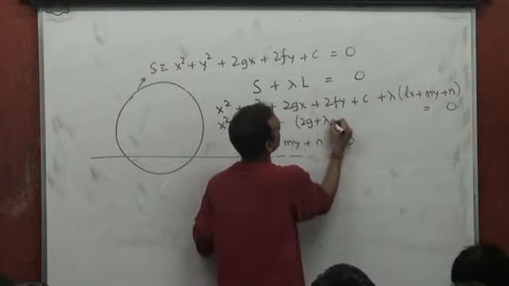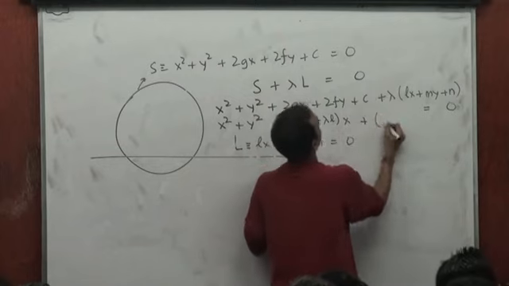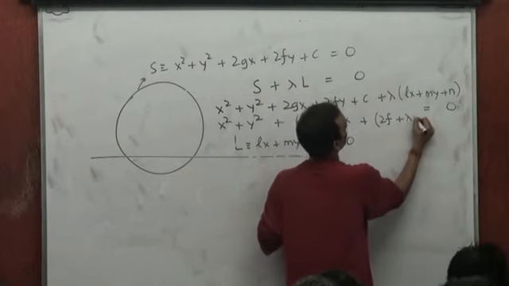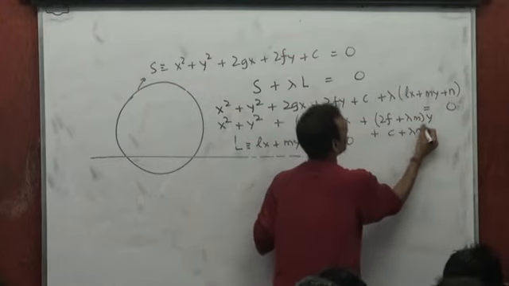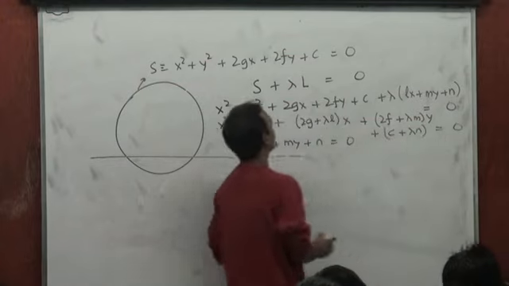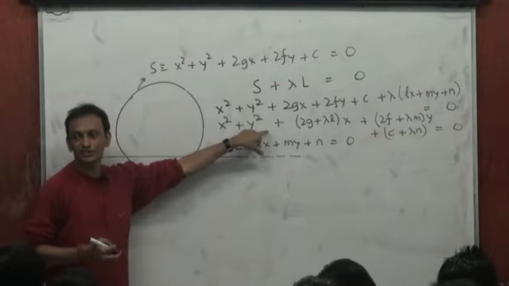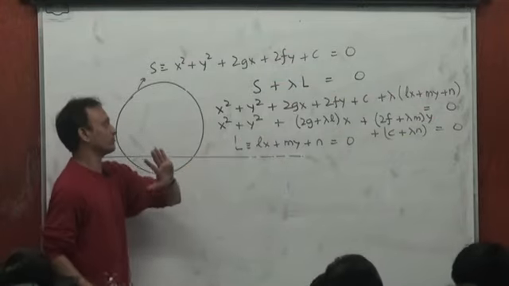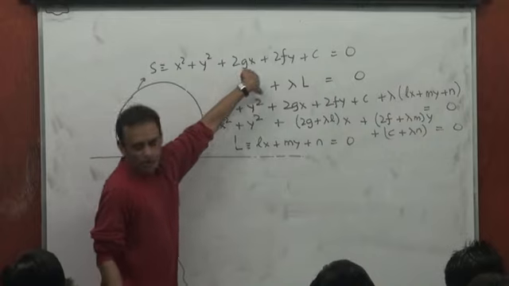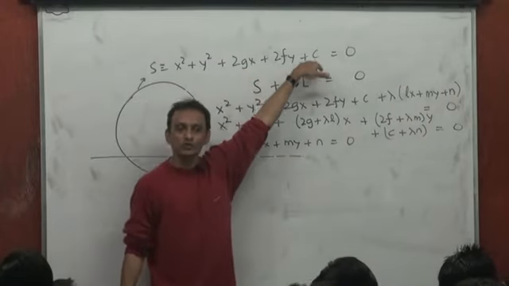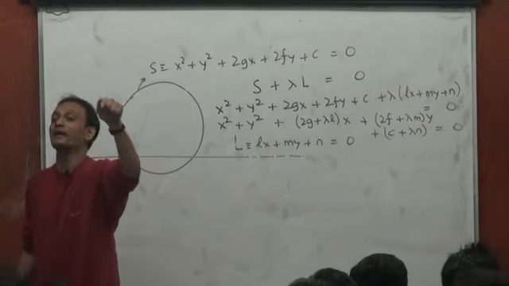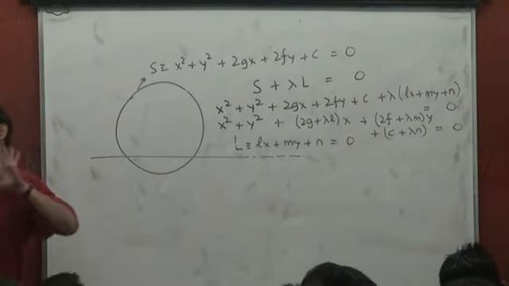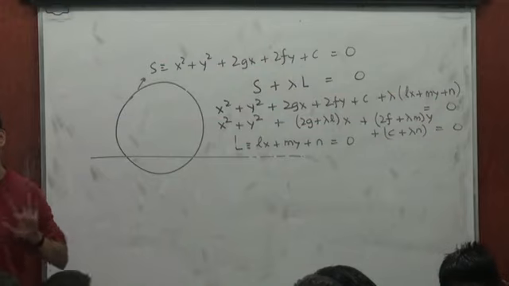This I can write as (2g plus lambda L) into x, (2f plus lambda m) into y, plus c plus lambda n equal to 0. What is this? A circle? For sure. If S equal to 0 is a fixed circle, L equal to 0 is a fixed straight line, then S plus lambda L equal to 0 is a circle, for any value of lambda.